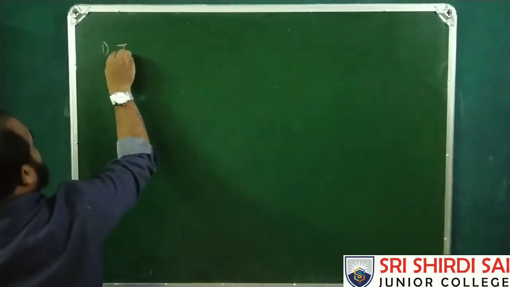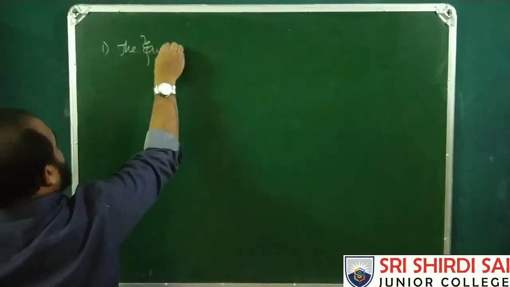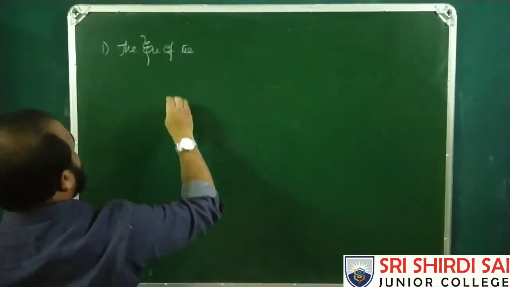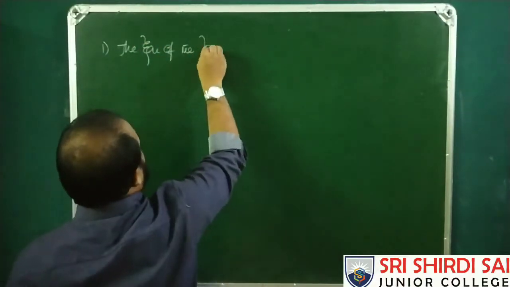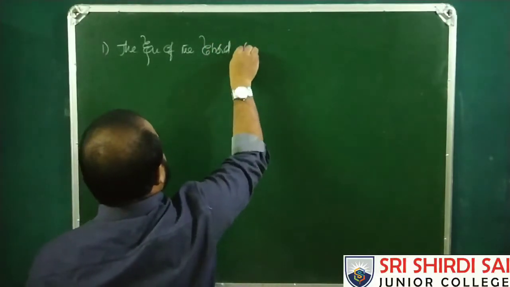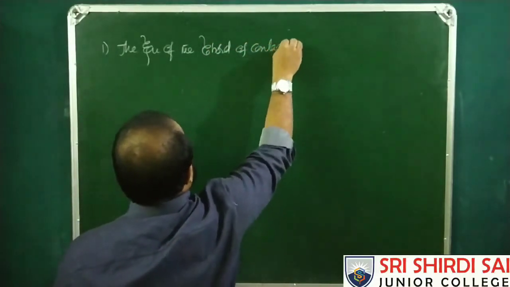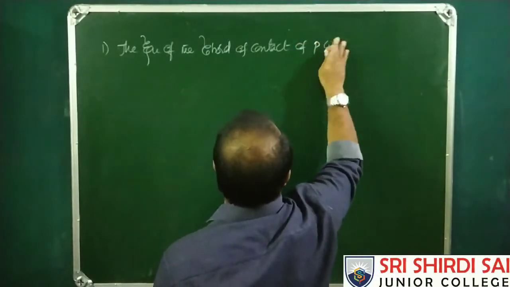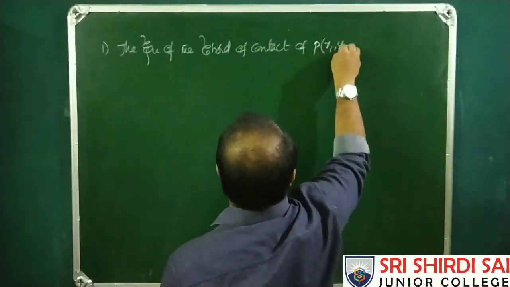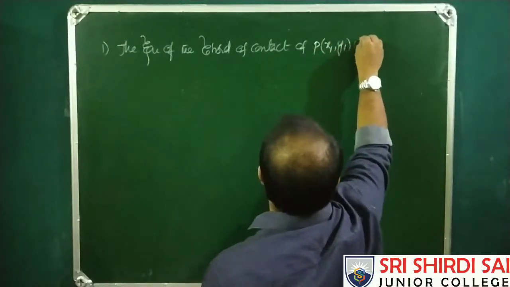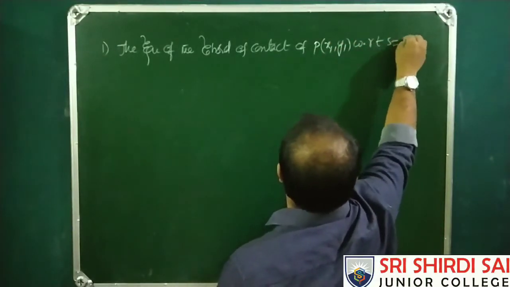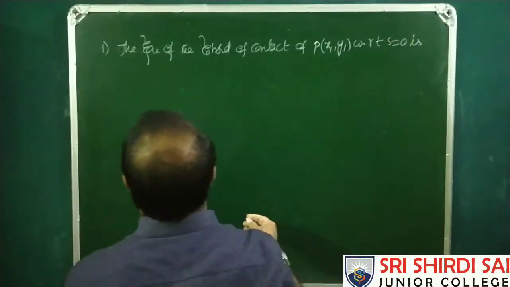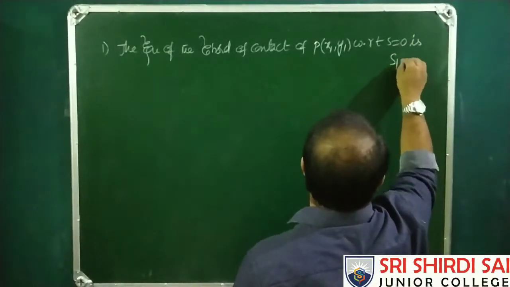The equation of the chord of contact of P(x1, y1) with respect to the circle S equals 0 is S1 equals 0.